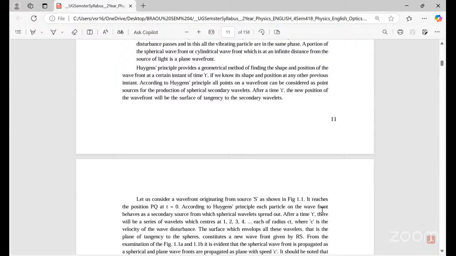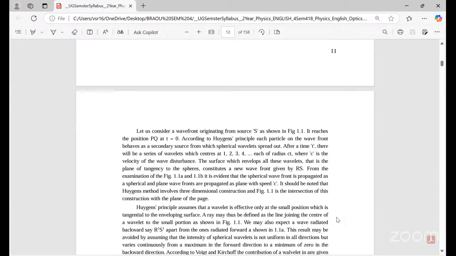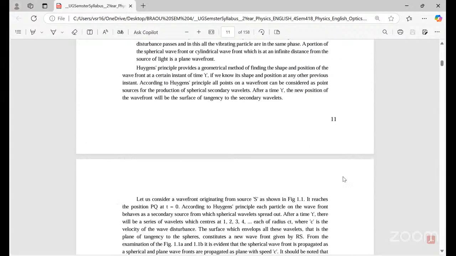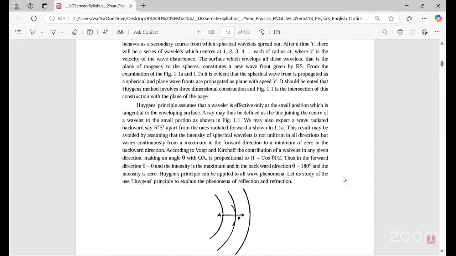After a small time t, there will be a series of wavelets with centers at 2, 3, 4, etc. of radius equal to the velocity of the wave disturbance times t, and the wavefront is given as RS.